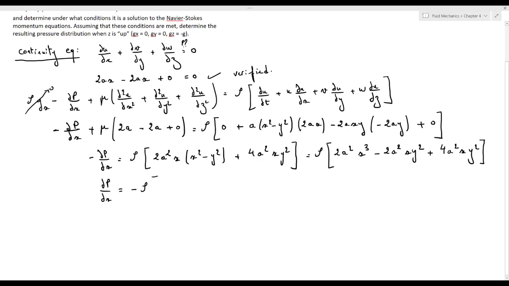So del p over del x is minus rho into 2a²x³ plus 2a²xy².